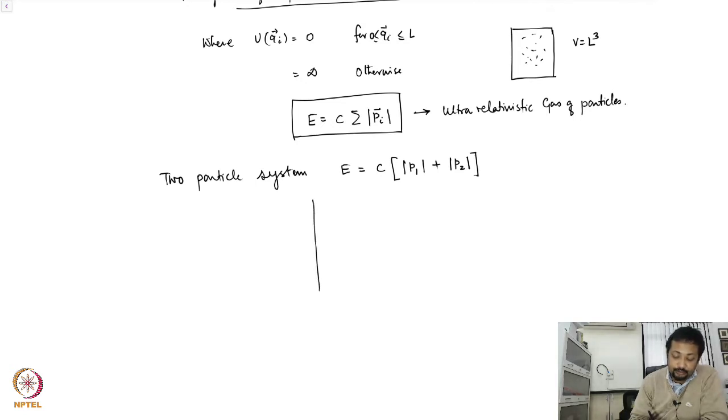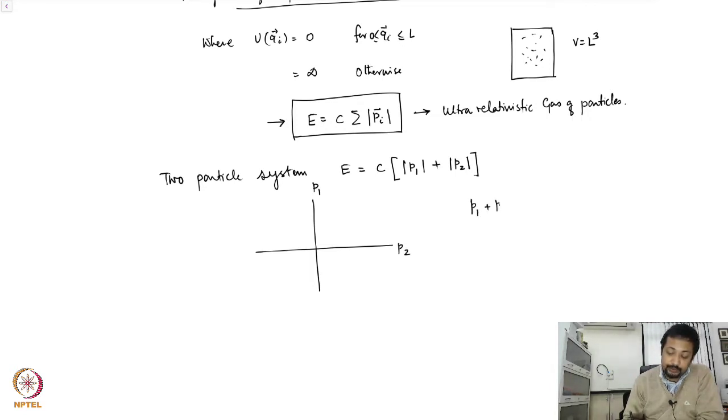If I draw the phase space, the Hamiltonian does not depend on the coordinates, and the total energy expression, which is essentially the isolating integral in this n-particle system, also does not depend on the position, so we only look at p1, p2. Possibilities are p1 plus p2 is going to be E over c.